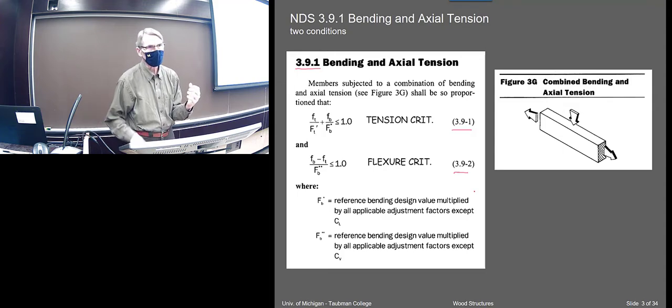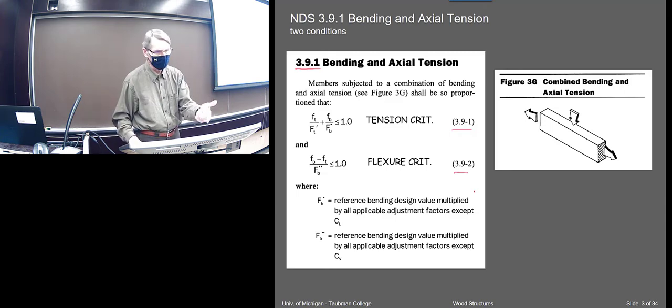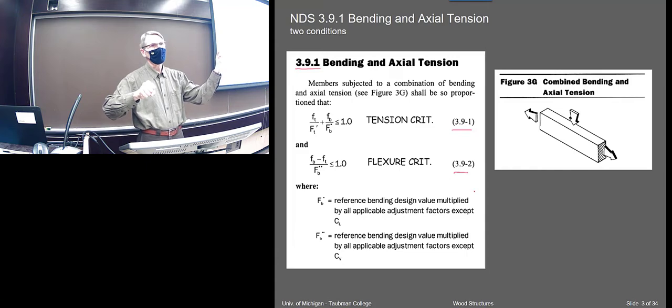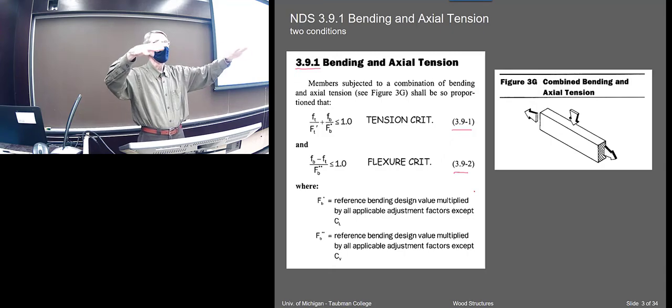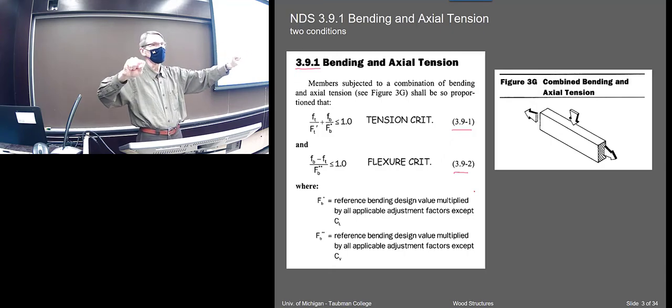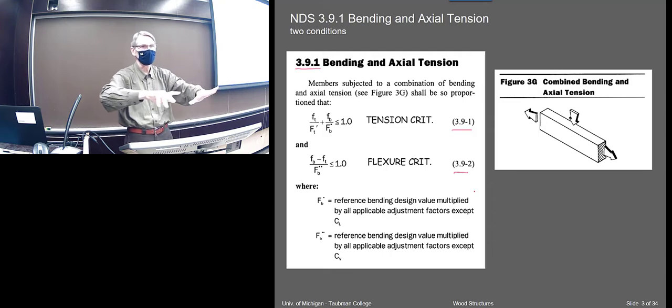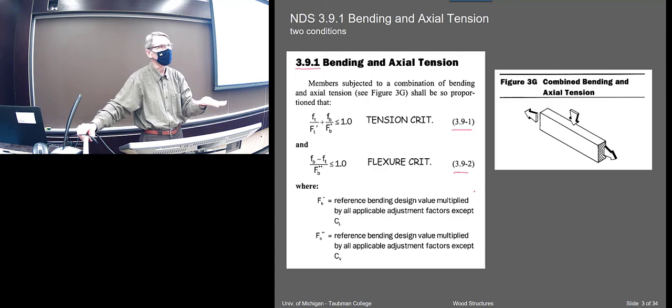The top one would be tension critical. You've got more tension than flexure, so a lot of tension and a little bit of flexure. That might be that attic floor, really. It could be in considerable tension, particularly if it was under a heavy snow load, and maybe you just have a little insulation in your attic, so there's not much of a load beyond dead load on it.